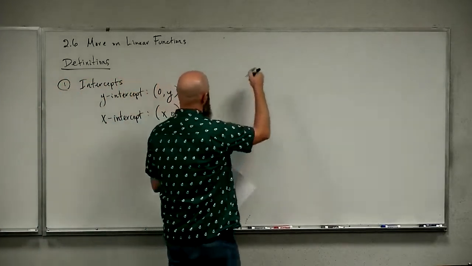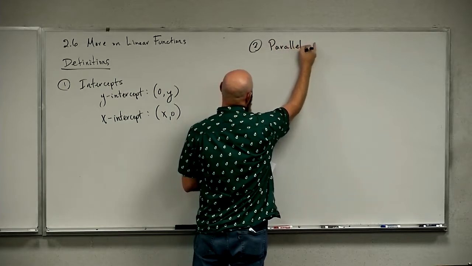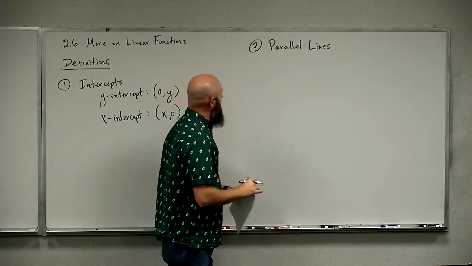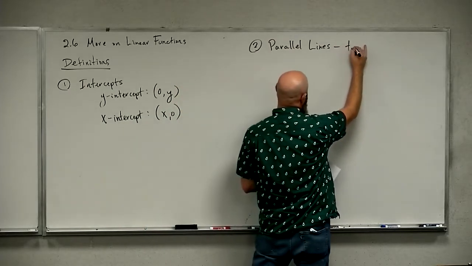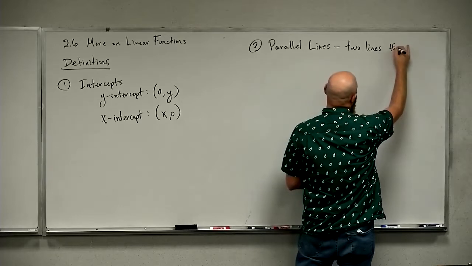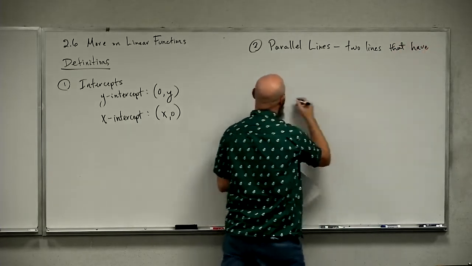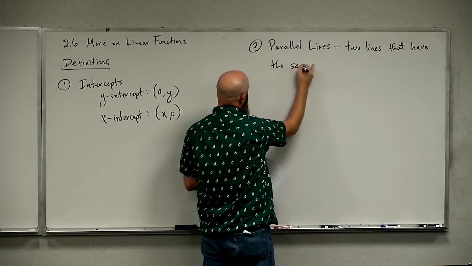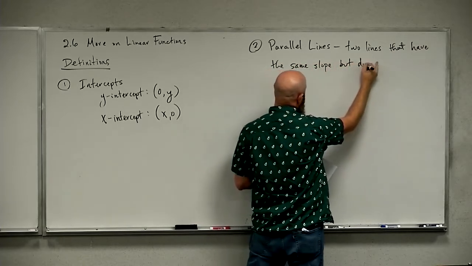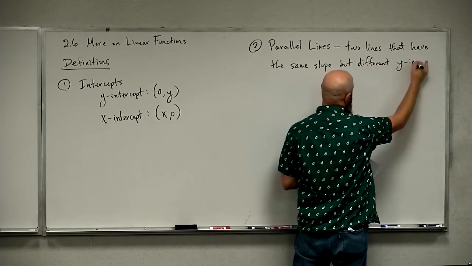A couple other definitions here. Parallel lines. Okay, so parallel lines. This is 2 lines that have the same slope but different y-intercepts.